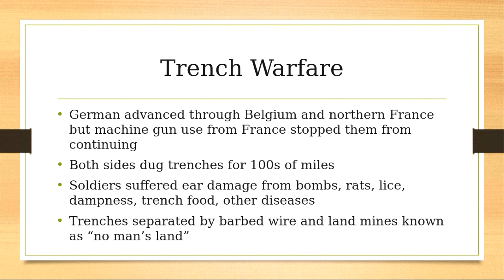And when that happens, you dig a hole, and next thing you know, it's 100 miles of holes dug, your enemy is on one side and you're on the other side, and nobody moves for months. So this was a very slow moving war in that regard when it came to trench warfare.